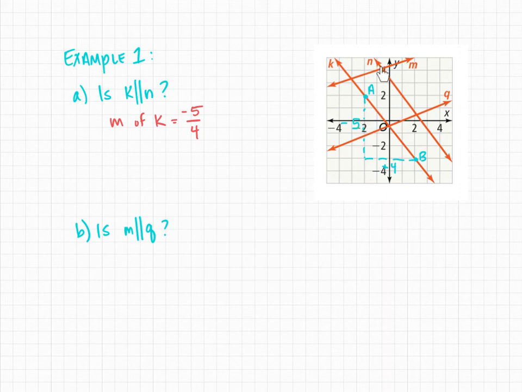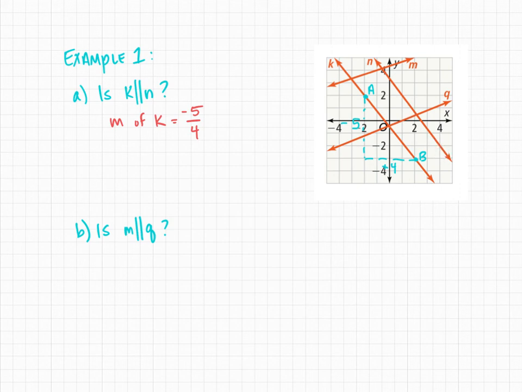So now let's investigate the slope of line N. Again, I need to find a couple points where my line crosses through an easily identifiable place where the coordinates are easily identifiable. So that would be this point right here. And if I keep tracing down, it happens again right there.